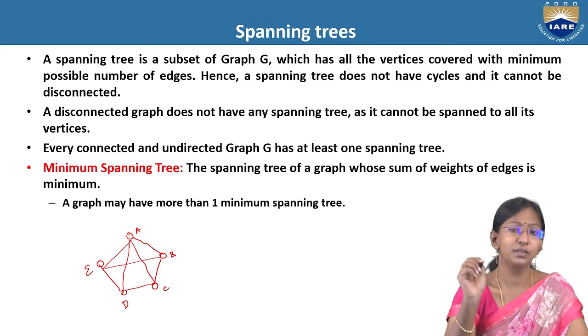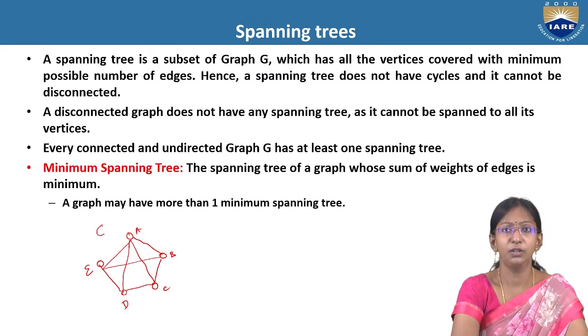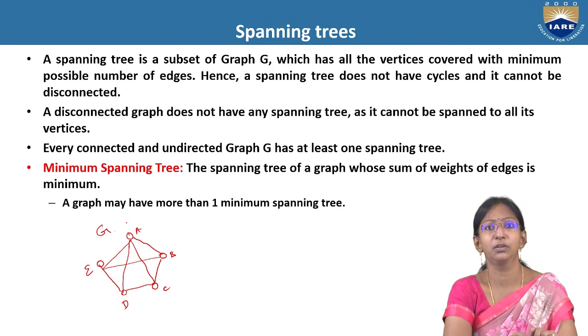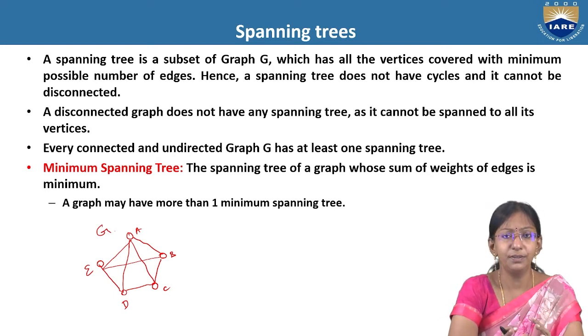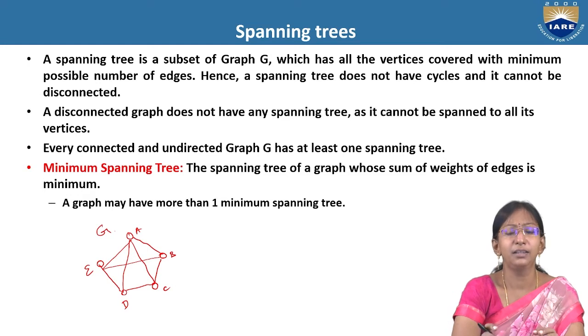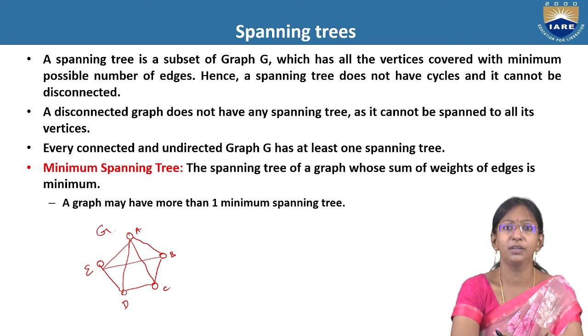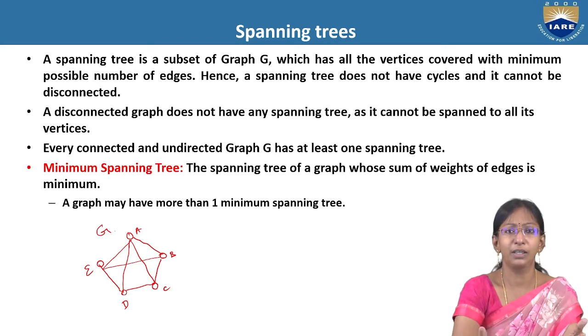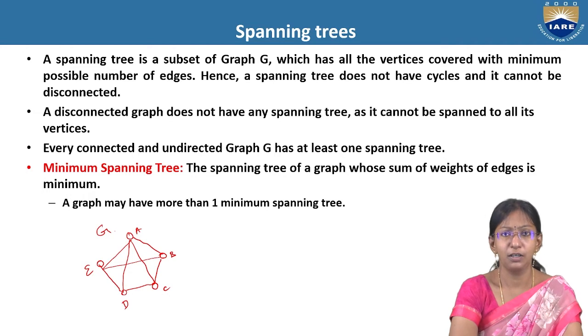So this is a graph G with 5 nodes, right? A graph is a collection of nodes and the edges which it has. An edge is nothing but a line which connects two nodes, right? So that is the basic definition of a graph.